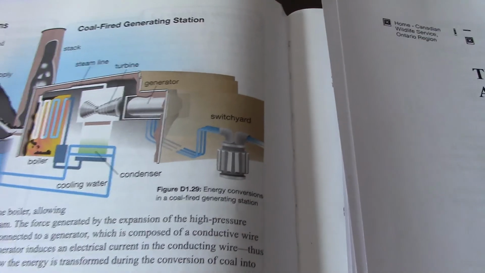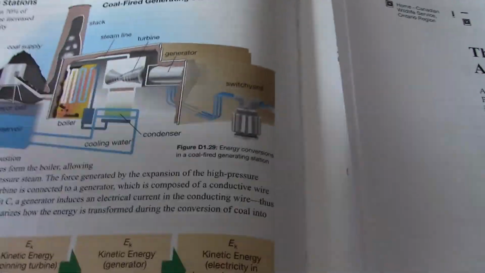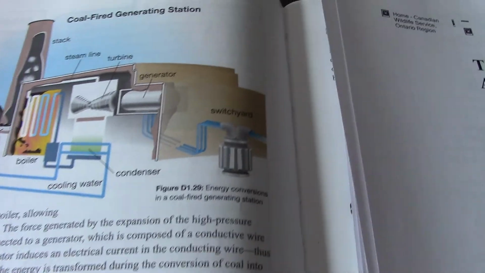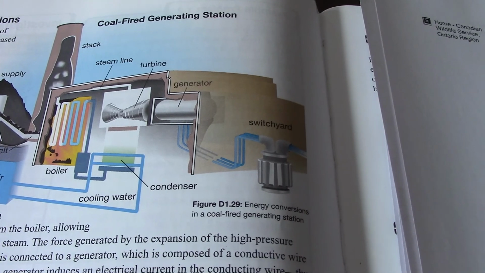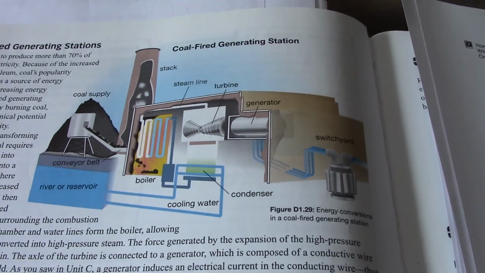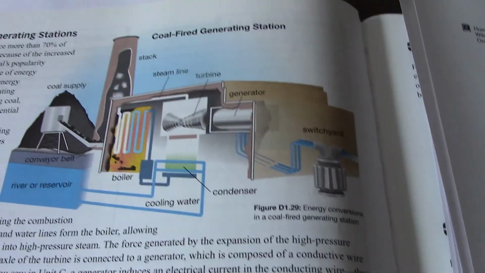There's a massive amount of electromagnets on the outskirts of that generator, and that coil rotates at a really, really fast pace in an electromagnet.